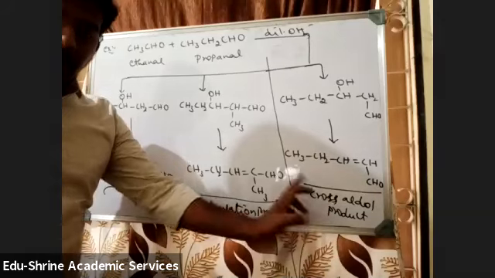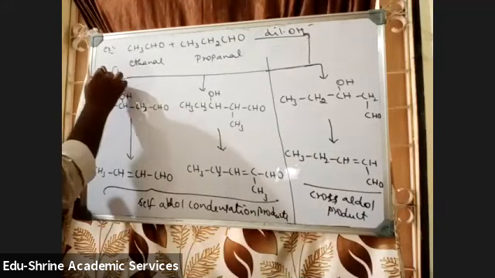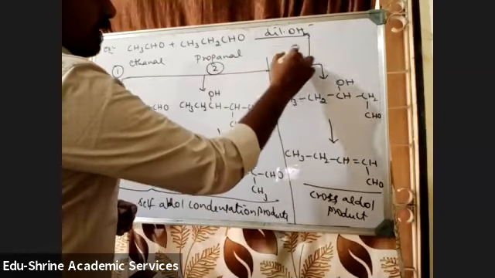Third also you write. I'll give you the mechanism for the third product. Let this be the first one, this be the second one, and this is the third one.